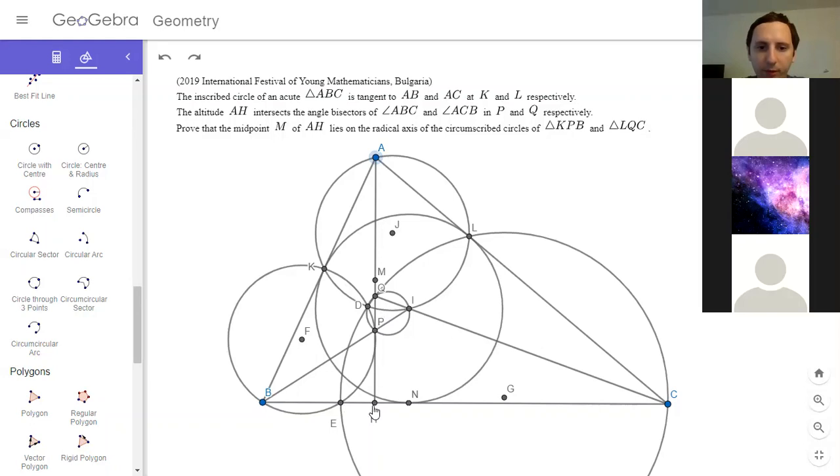So first I want to show HE is equal to HN. So we have HE times HB, that's the power with respect to this circle. And HN squared is the power with respect to the N circle. And HE times HC is the power with respect to that circle.